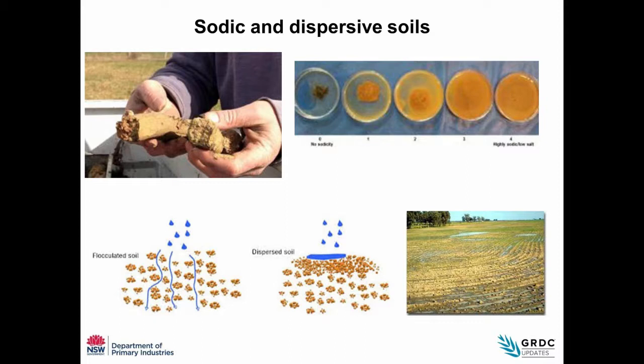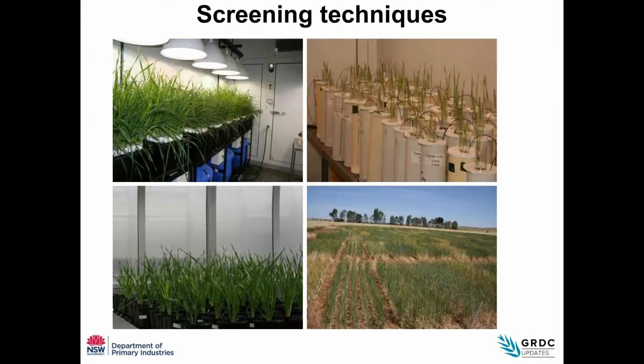In one of our GRDC projects, we are looking at improving wheat yield in these soils, and so we are targeting hundreds of commercial lines of wheat that are available in farming systems, plus the breeding lines that have been developed over the last few years by various breeding programs and also CSIRO.